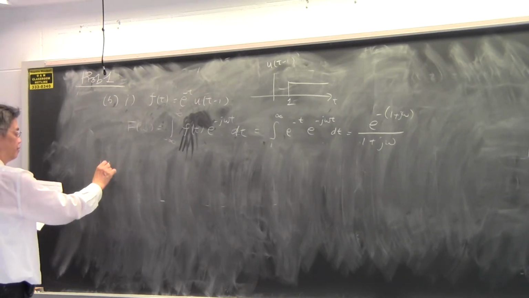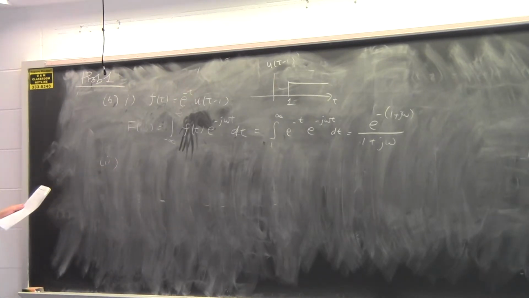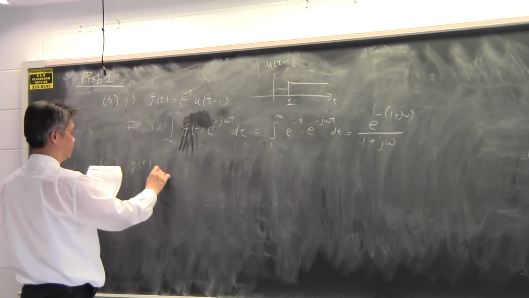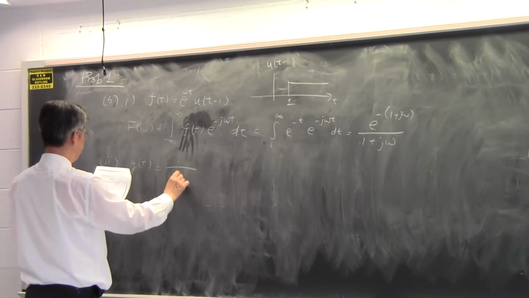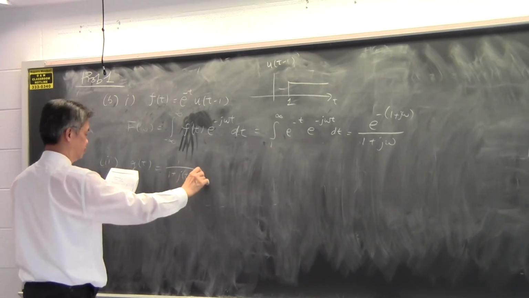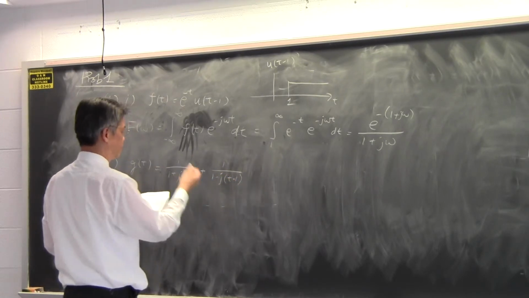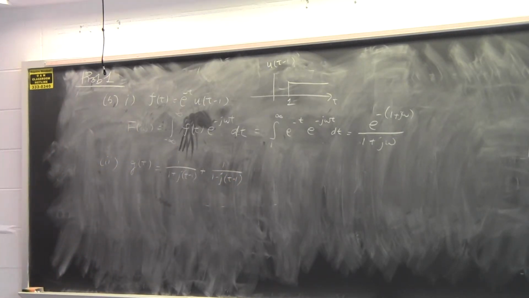Okay? And then part 2, you're given that g(t) is equal to 1 over (1 plus j(t minus 1)) plus 1 over (1 minus j(t minus 1)). Find the Fourier transform of this.